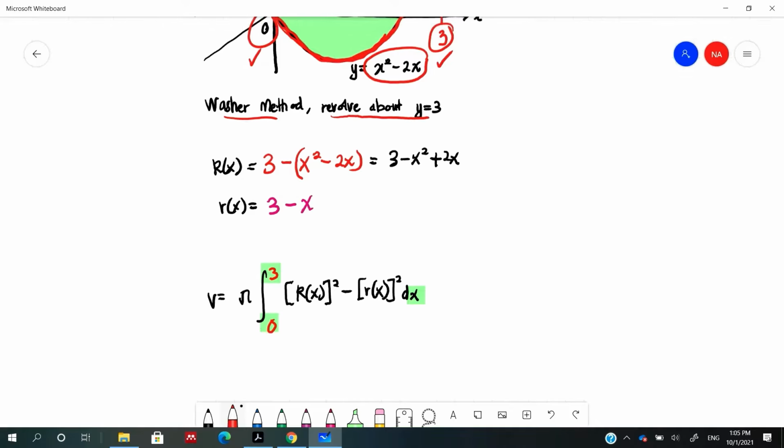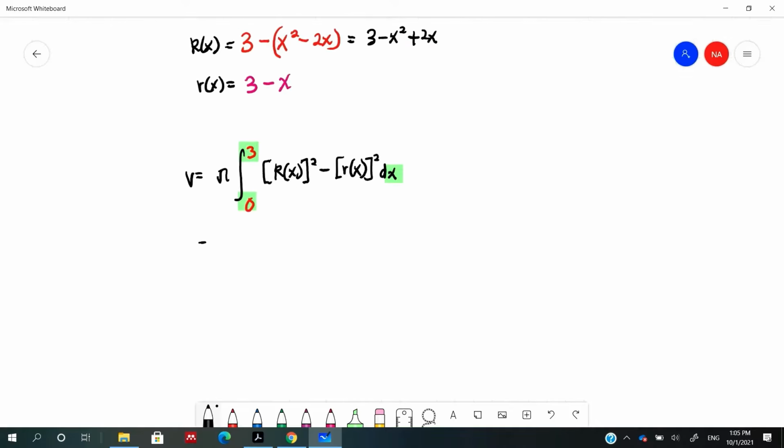Now we substitute the formula for the outer radius and inner radius. So we have the integral from 0 until 3 of 3 minus x squared plus 2x, squared, minus 3 minus x, squared, dx. This is quite challenging, but we can find it.